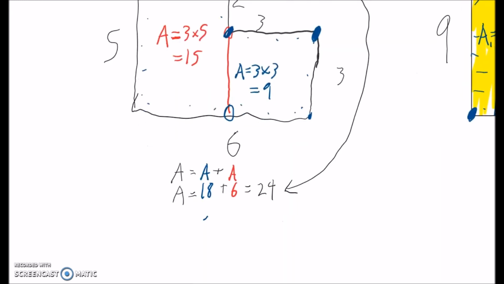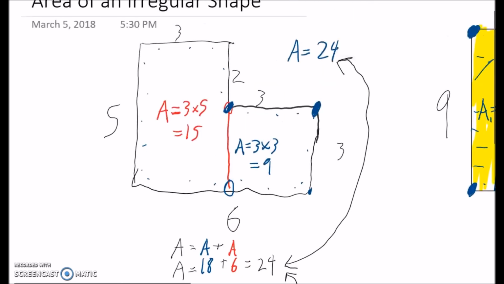So our new blue area is 9 plus our red area is 15. So our other way of getting the area gives us 24. Hey look, it's the same number again. So there's a lot of different ways of doing this. I'm going to show you one more way before the end of the video.